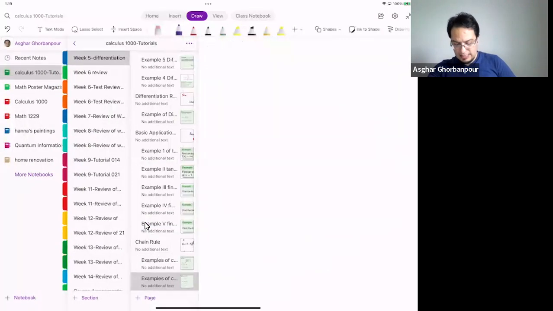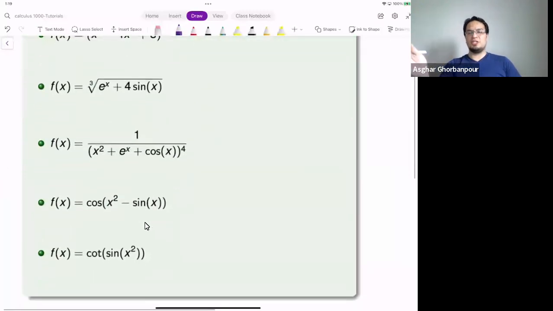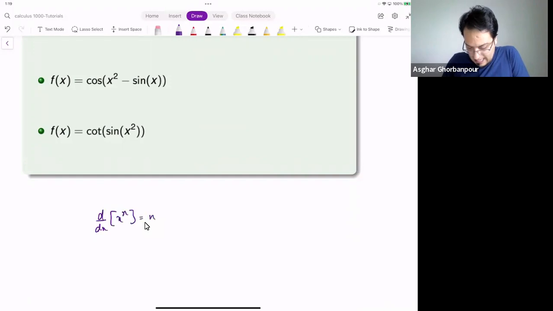When you learn the chain rule, the differentiation table changes. Before, for example, we had the power rule: d/dx of x to the power n is n x to the power n minus 1.